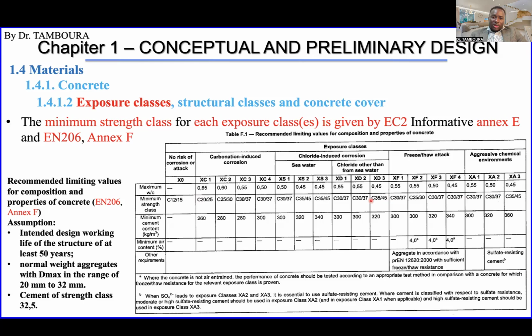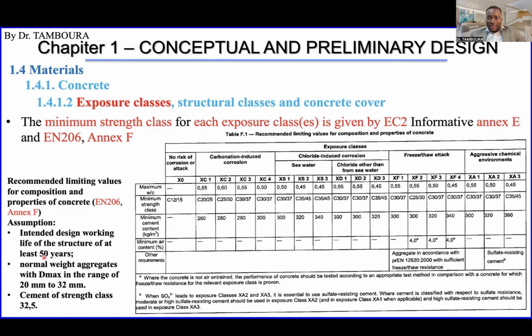But one thing very, very important about this table is that this table is designed for this assumption: 50 years, okay? Design working life of structure for 50 years. But remember, some structures are designed for less than 50 years, but some are designed for more than 50 years.